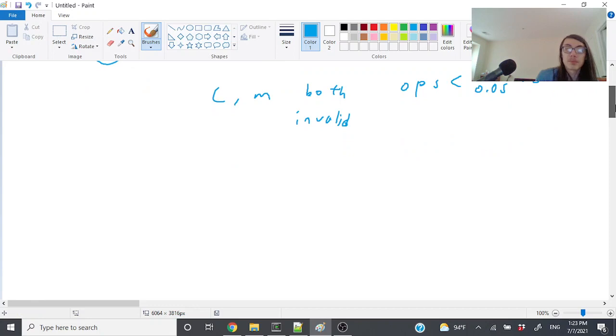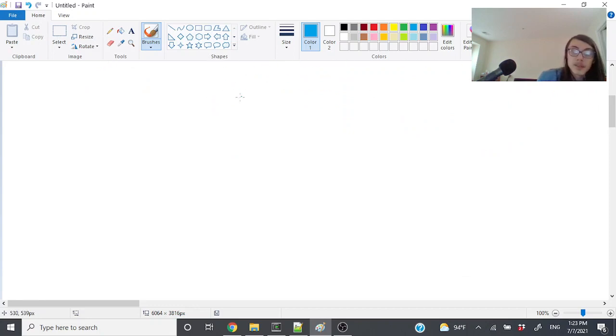Essentially, we're literally just brute forcing what happens. So we start off with no operations. Then maybe we do a C, which has some probability of happening. Suppose this has probability X, or suppose it has probability like P1.